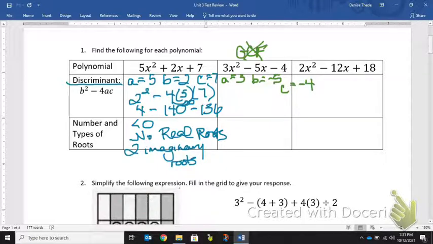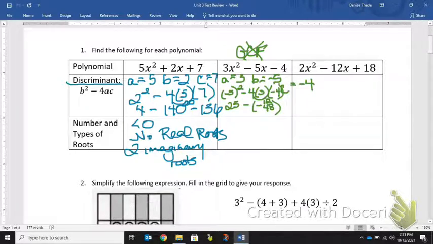I think I can make this bigger for me. All right, so b squared is negative 5 squared minus 4 times a, which is 3, times c, which is negative 4. Negative 5 squared is 25 minus 4 times 3 is 12, and 12 times negative 4 is negative 48.